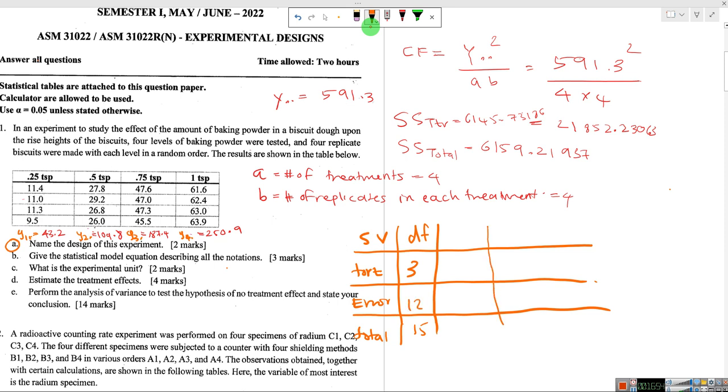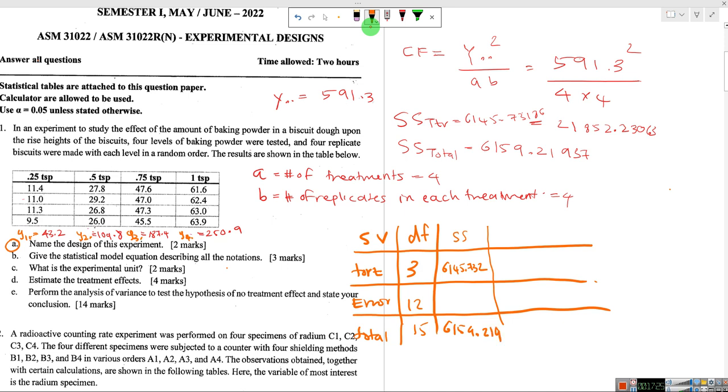Okay. Now sum of squares, right? We have already calculated the treatment one, that is 6145.732. I'm just rounding off to the third decimal. And again here total is 6159.219.